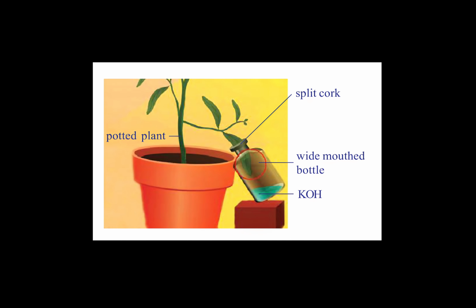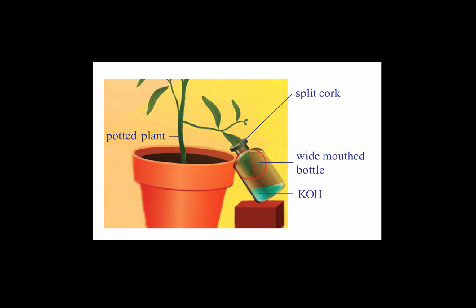Bring this plant outside the dark room and keep it in the sunlight. Make sure only half of the leaf, not the complete leaf, is inside the bottle through the split of the cork, and the other half of the leaf is exposed to the air.